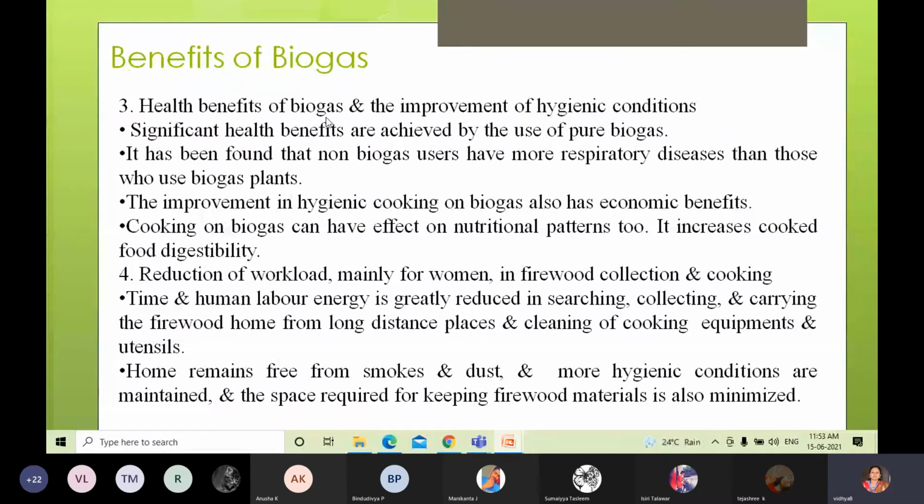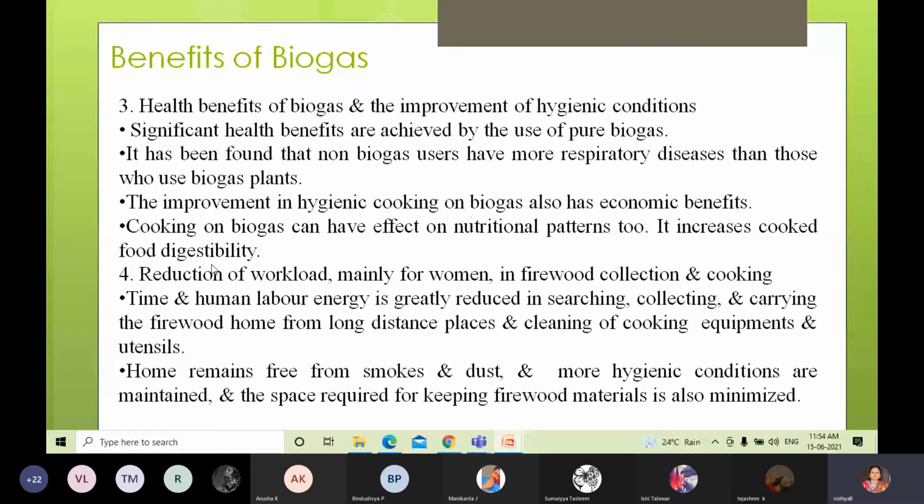Next is the health benefits of biogas and the improvement of hygienic conditions. Significant health benefits are achieved by the use of pure biogas. It has been found that non-biogas users have more respiratory disease than those who use biogas plants. The improvement in hygienic cooking on biogas also has economic benefits, and it can have an effect on nutritional patterns too.